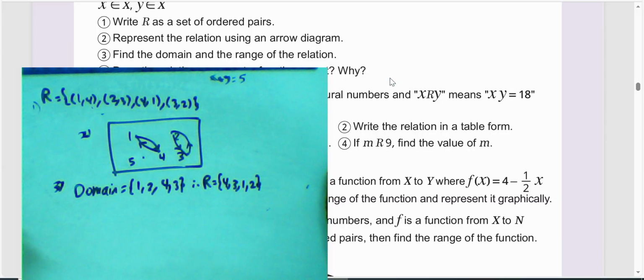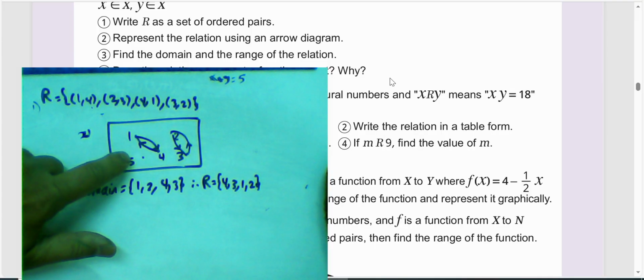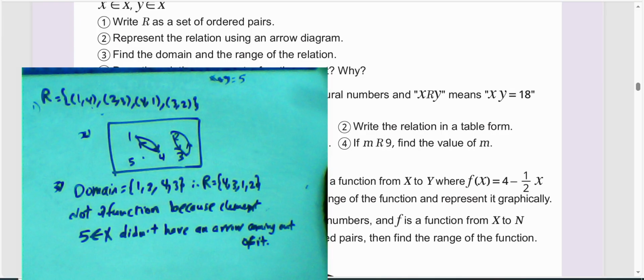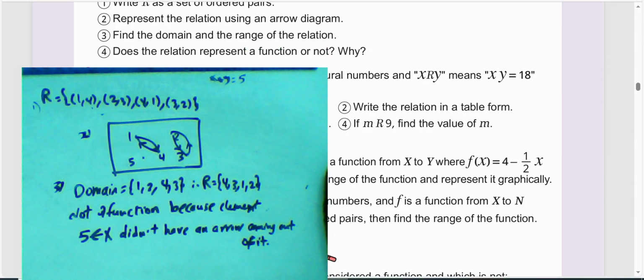It's not a function because element 5 belonging to x doesn't have an arrow coming out of it.